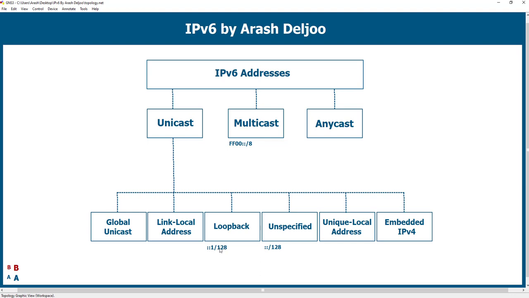This is the second type of the IPv6 unicast address. Now you have learned about the multicast IPv6 address and its structure, and then the two unicast IPv6 address types, unspecified and loopback.